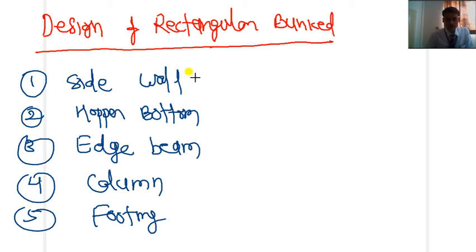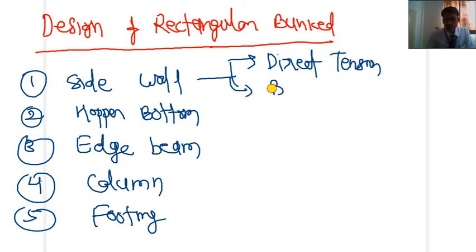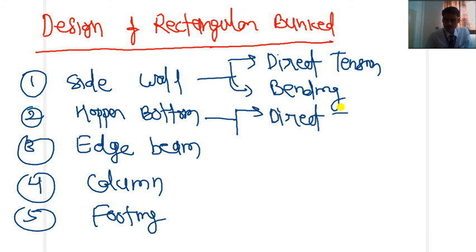The side wall is designed for direct tension and bending moment. For both the phenomena, the side wall is designed. The hopper bottom is also designed for direct tension or axial tension and bending moment also.